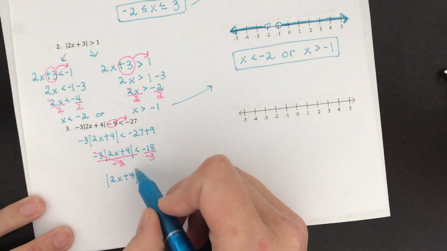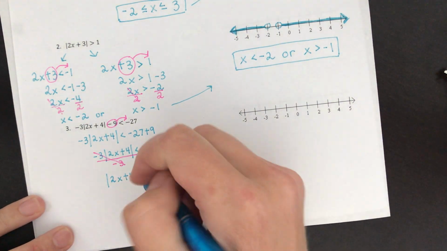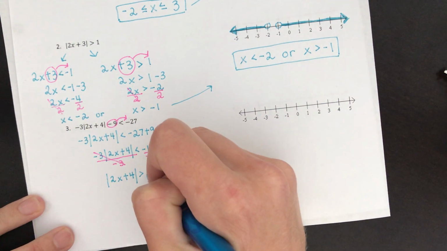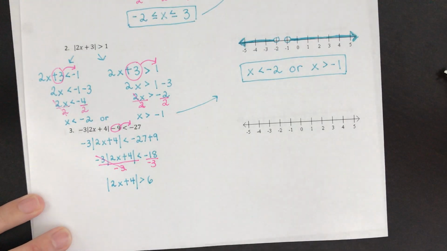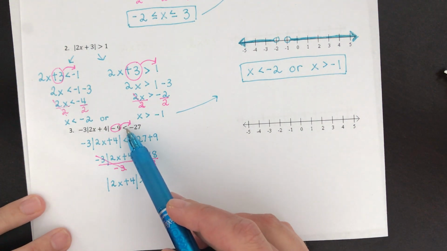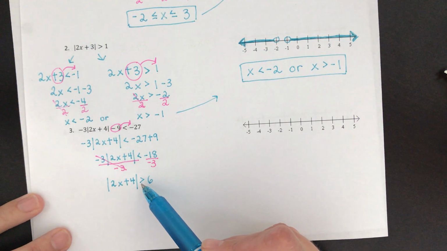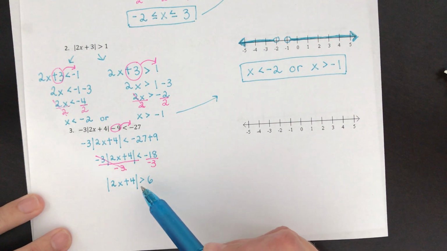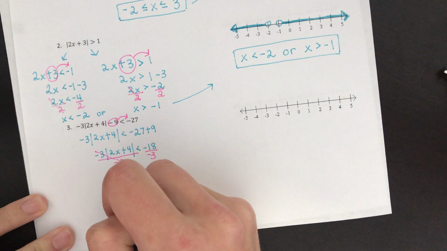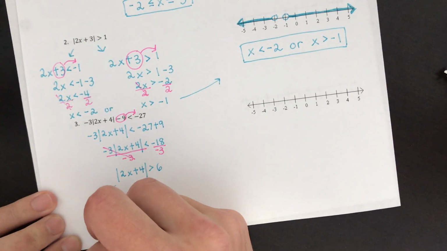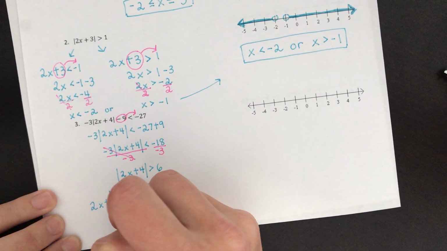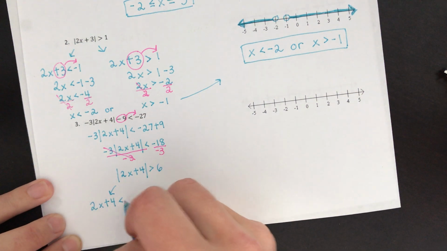So that symbol flips from less than to greater than, and now negative 18 divided by negative 3 is positive 6. So now you see what I was saying before. We might have thought it was going to be a less than, but now that my bars are isolated, it's greater.